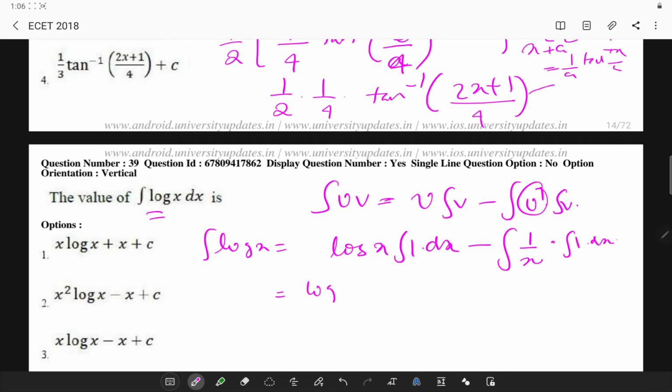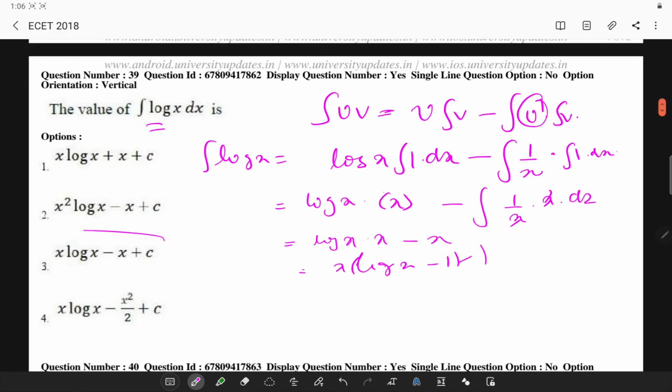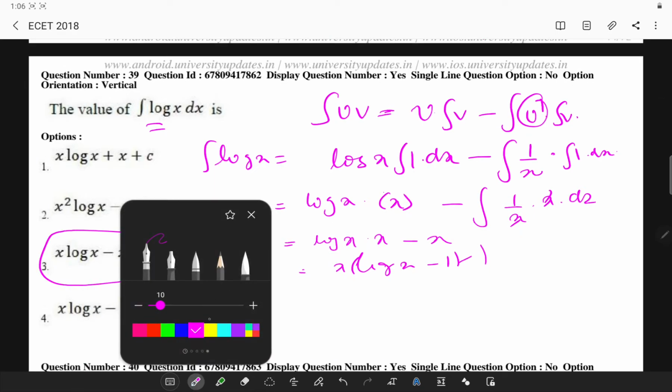So this is nothing but log x into x minus integral 1 by x into x dx. So this is x log x minus x. If I take x common, it will be x into log x minus 1. So if I see my options, the third option satisfies.